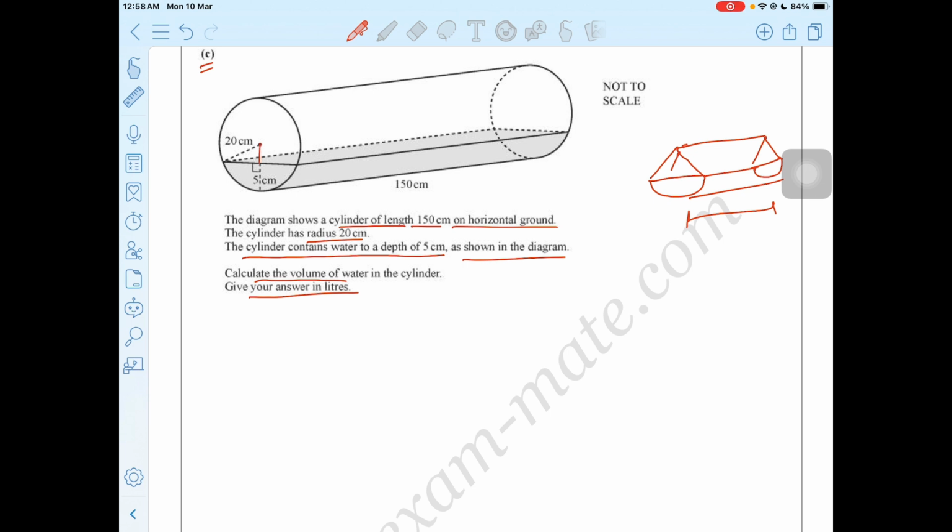So this would be 15 because this whole is 20 and this is 15, right? And let's just say this is AB. So this is 15, and this we have as 20, right? So let's just quickly calculate this AOB angle.